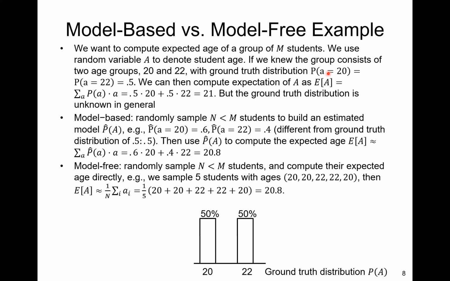Then you can compute the expectation of A as the weighted sum of age, which is 21. But in general, the ground truth distribution is unknown, so you must estimate.